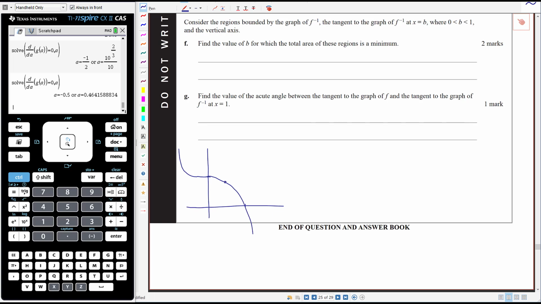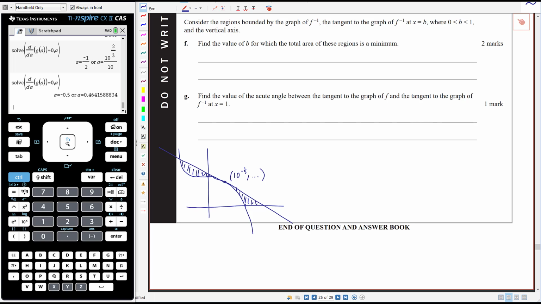And we found that when this is 10 to the power of negative a third, that's when we get minimum area for the original function. Okay, so then we want to find the value of, so consider the regions bounded by the graph of the inverse of f.